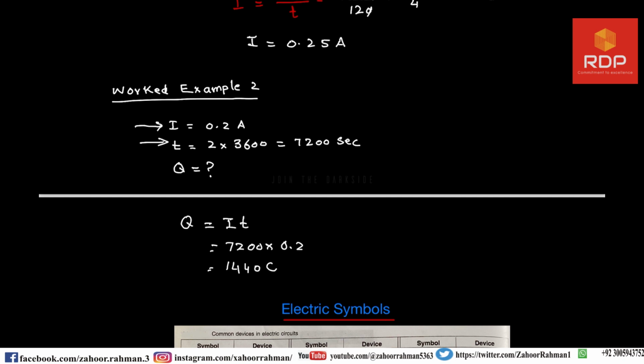Okay, that was the practical usage of Q is equal to IT, or I is equal to Q divided by T.